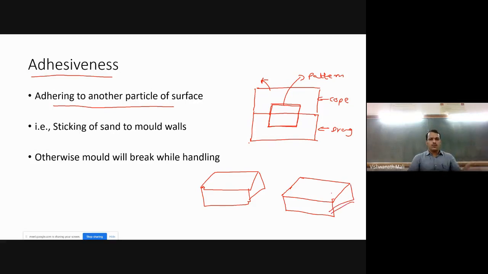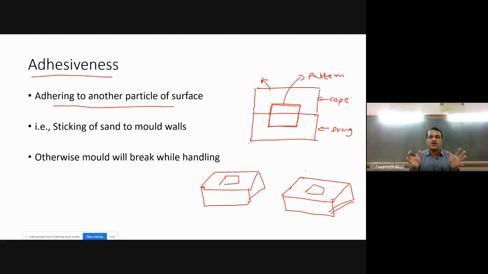We remove the cope, then we remove this pattern, and again we join it. In this process, the molding sand in the cope and drag should adhere firmly with the flask surfaces, that is the molding walls.